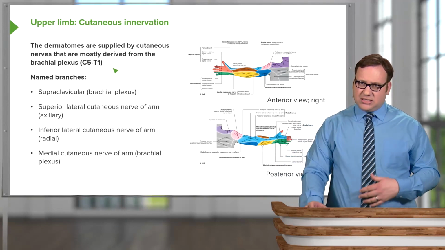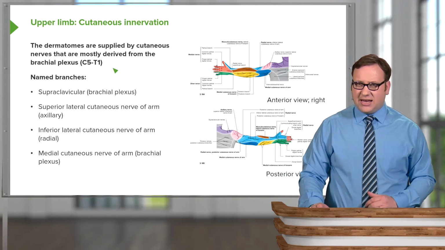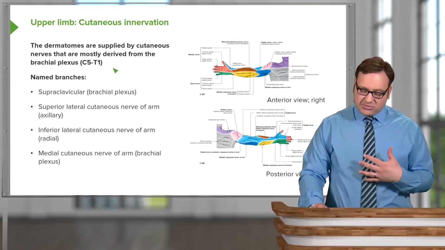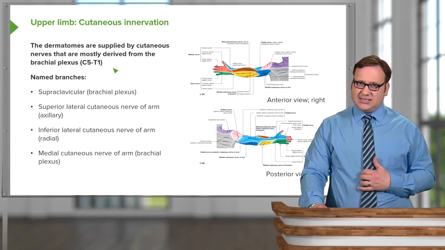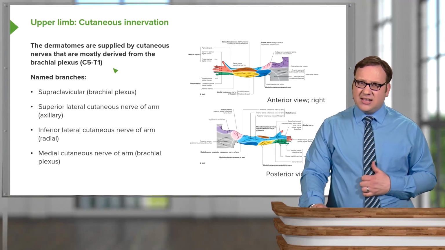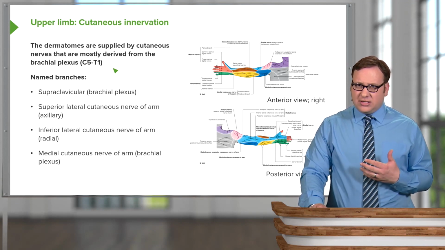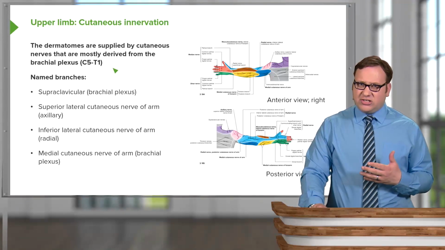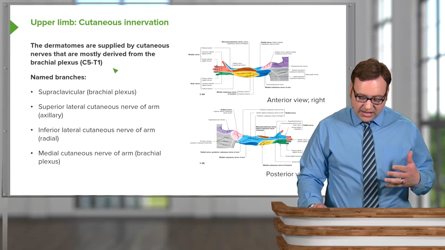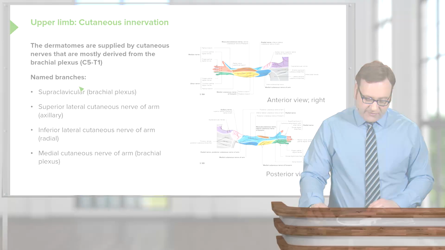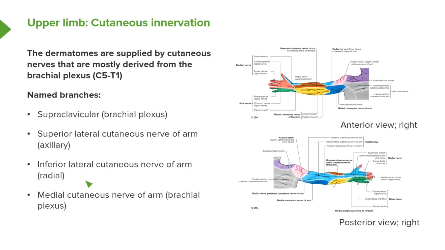The brachial plexus we'll cover in great detail in the next lecture. It is coming from segments C5, C6, C7, C8, and T1. Spinal cord segments give rise to a whole series of nerves that form the brachial plexus. And we have a whole series of named branches.